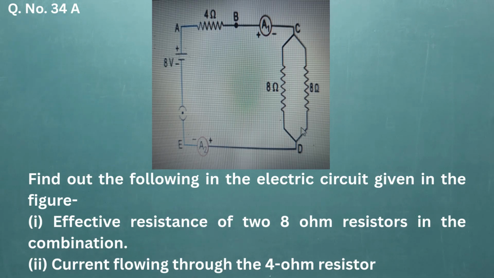Now first part, effective resistance of two 8 ohm resistors in the combination, and second, current flowing through the 4 ohm resistor.